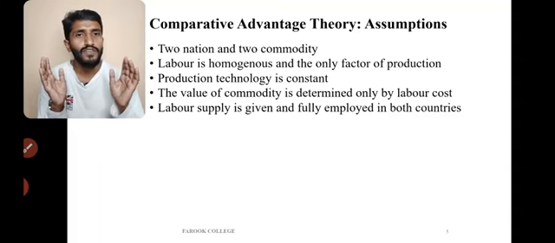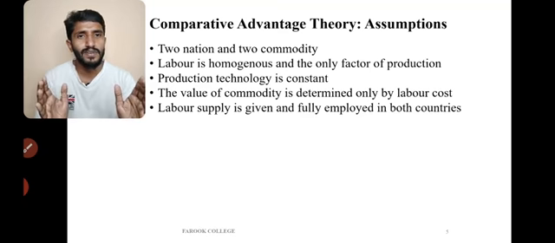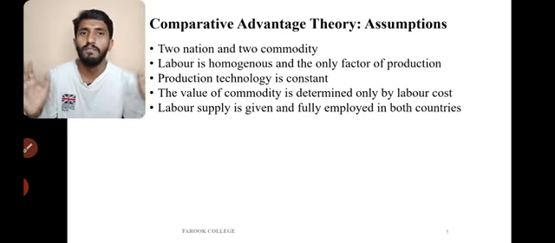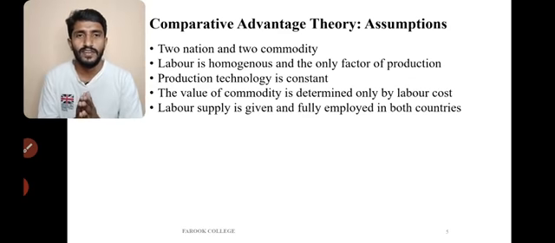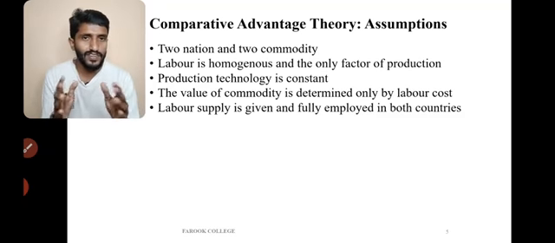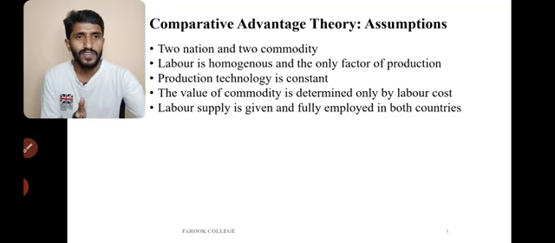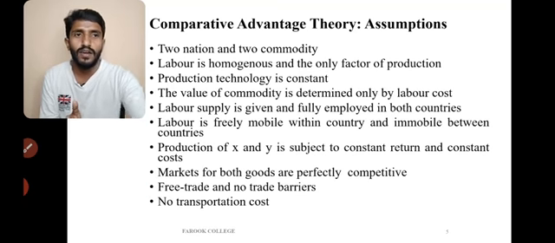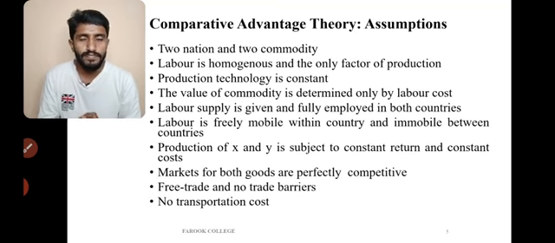It is an assumption of full employment, which is nothing but the assumption of all classicals. They have talked about full employment and also laissez-faire. So there is nothing new in this assumption.